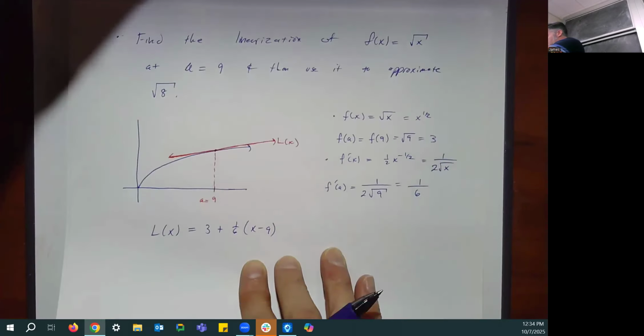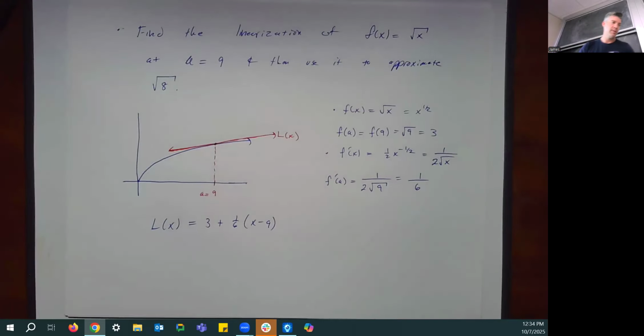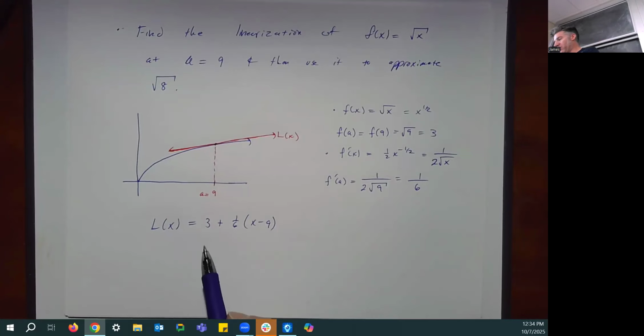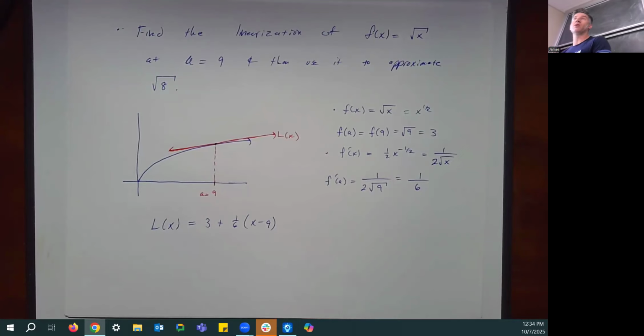Something worth mentioning: it is rarely in your interest to simplify this at all. When you have a linearization, you almost always want to leave it as something plus your slope times x minus whatever. Because usually the thing you plug in to estimate this is going to be very close to the thing you're subtracting here. So this part's going to become small.